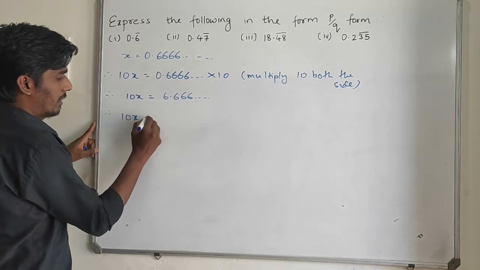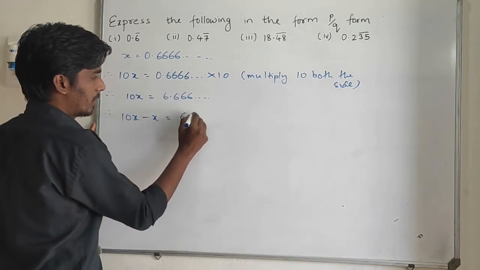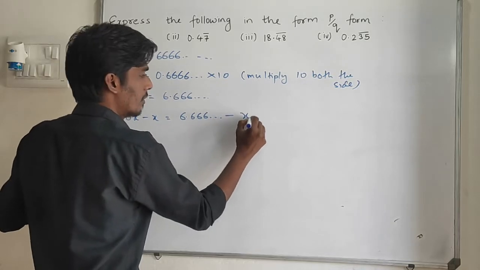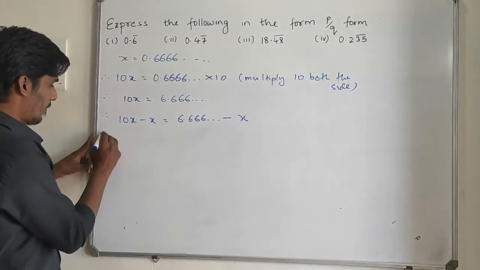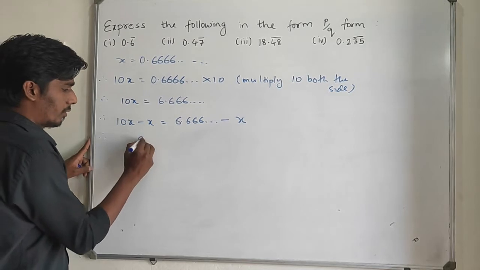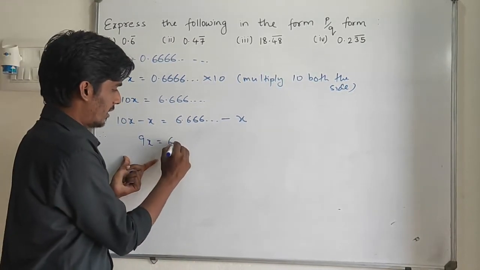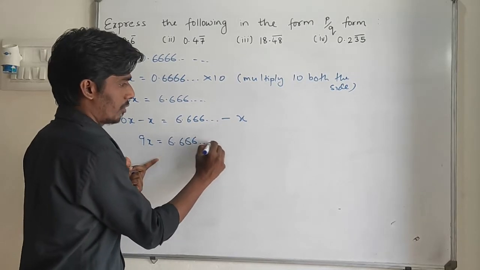So 10x minus x equals 6.666 dot dot dot minus x. 10x minus x is 9x.